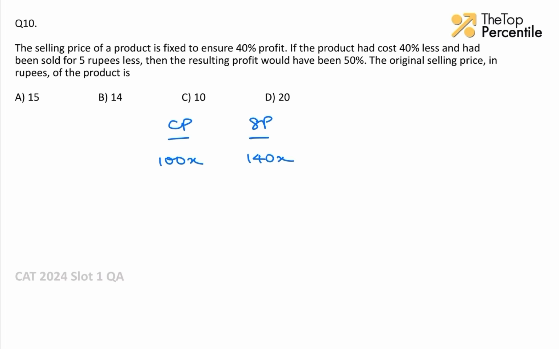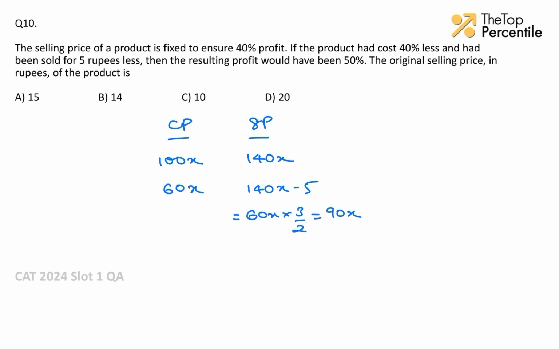If the product had cost 40% less and had been sold for 5 rupees less, then the resulting profit would have been 50%. Which means the selling price would have been 60x into 50% profit, which is 90x.